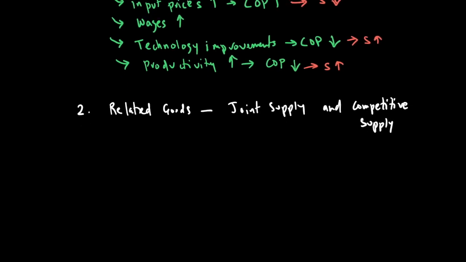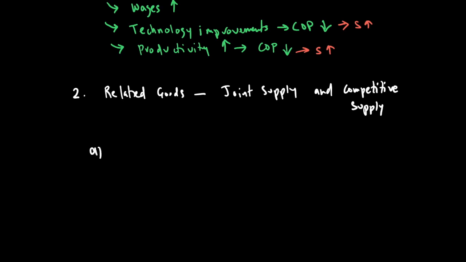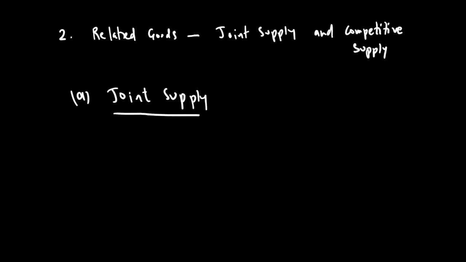So what are goods which are called joint supply? Well, some goods are what we call byproducts. Byproducts are when the production of one good automatically leads to the production of another. A good example of this could be bees honey and beeswax.